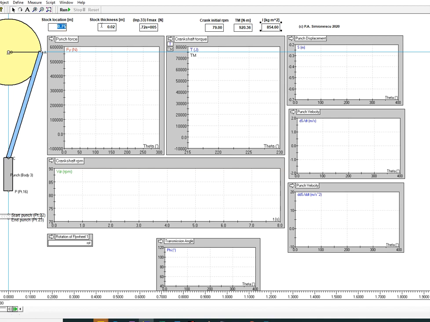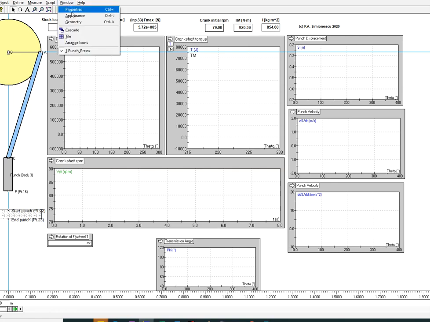Stock location, I can change it. If I make it 0.7, just watch, the stock is moving up. 0.75, and then the thickness of the stock, I can change it. 0.04 doubles 0.02. And then the maximum force as calculated is input 33.